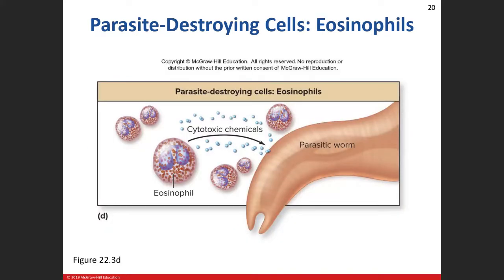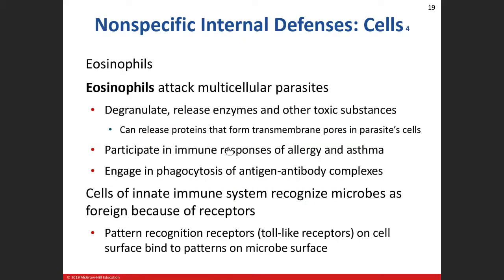Look at this picture here. This is supposed to be just a small example. Parasitic worms are one of the larger microbes that can invade. And you have these little eosinophils that release these chemicals that will punch holes all throughout the membrane of that microbe.